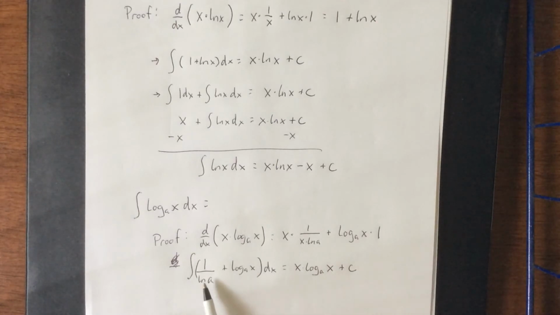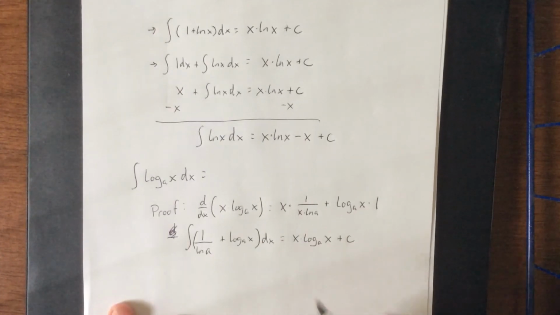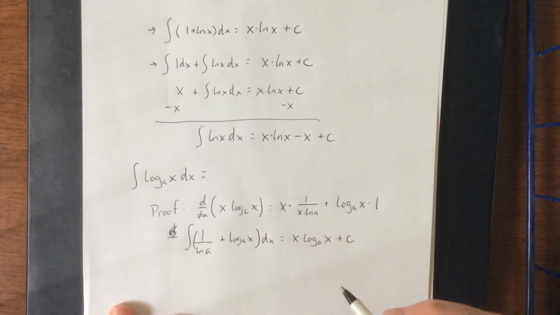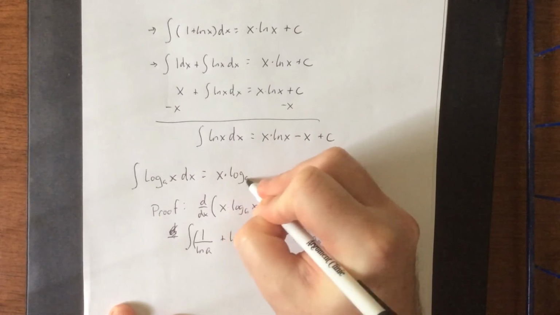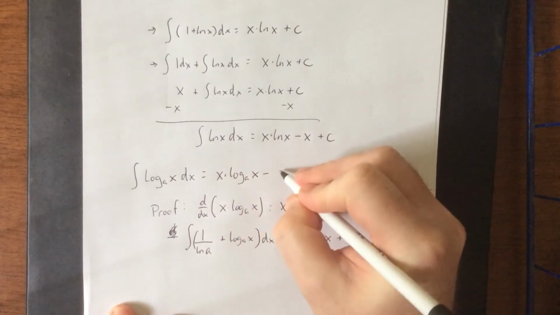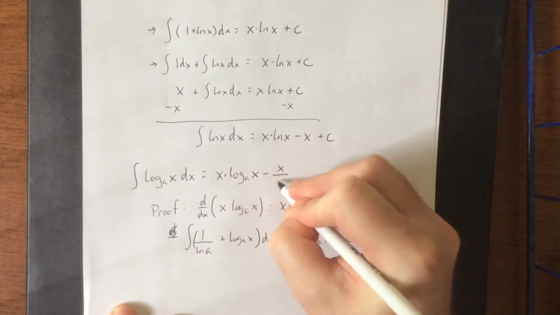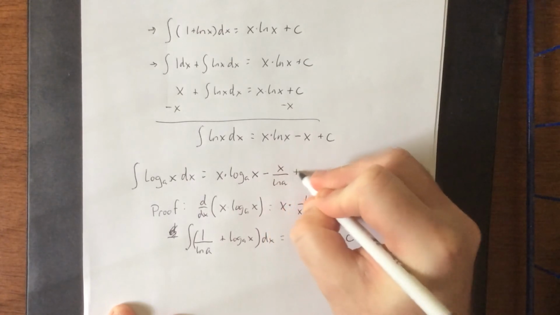Then if we were to anti-differentiate this and move it over to the other side, we would see something very similar to what we just got, and it would be x times the logarithm base a of x minus x over the natural log of a plus a constant.